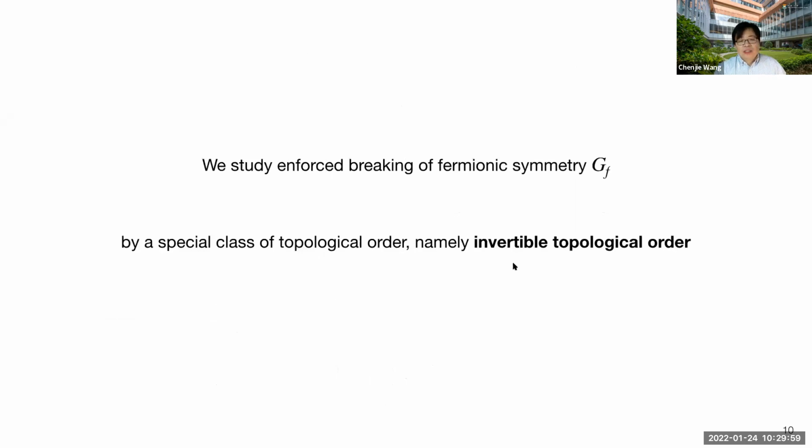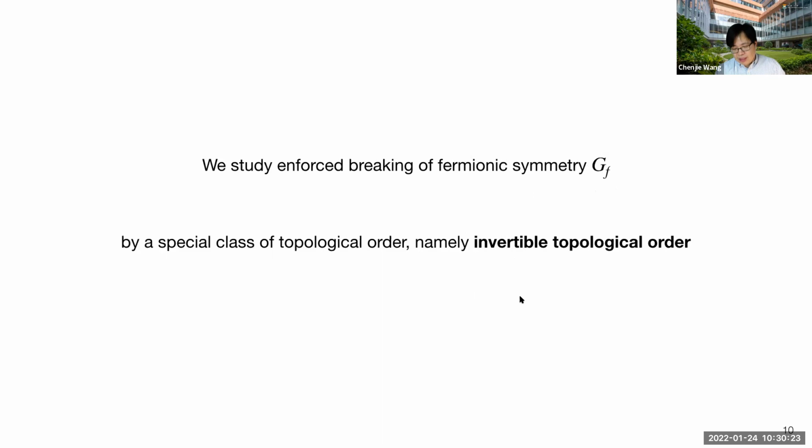With this specification of the fermionic symmetry group GF, I'm going to study how, in fermion systems, this general symmetry group GF can be enforced to break by some topological order. But in general, it's too hard, so I'm going to focus on a special class, the so-called invertible topological orders.